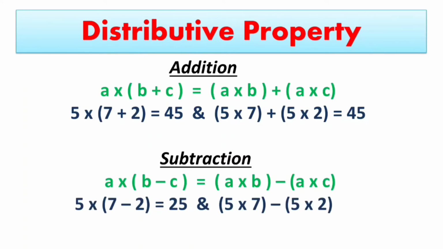So we get 5 multiplied by (7 minus 2) equals 25, and (5 multiplied by 7) minus (5 multiplied by 2) gives you 25. Means for this type of grouping, distributive property is true for addition and subtraction.